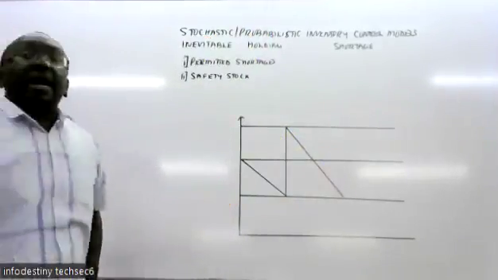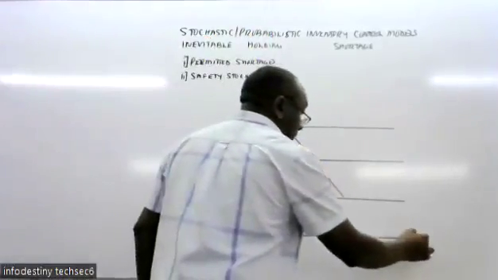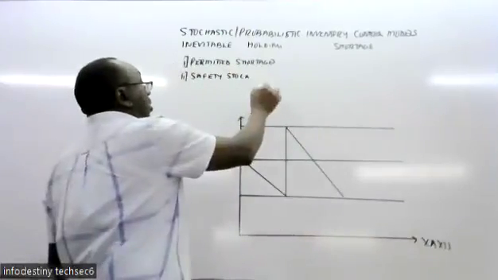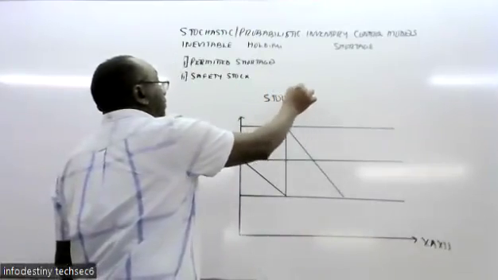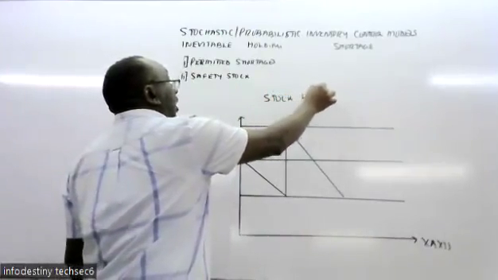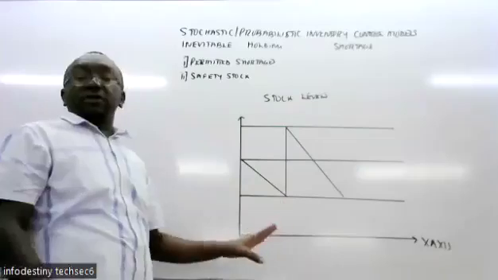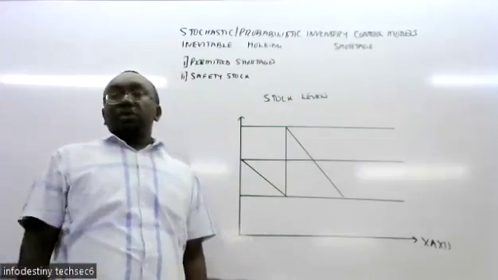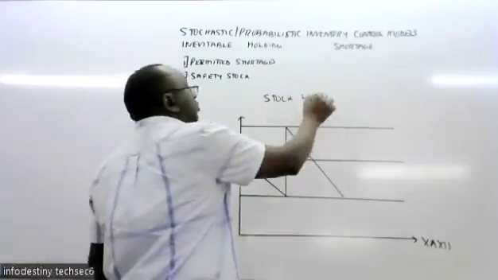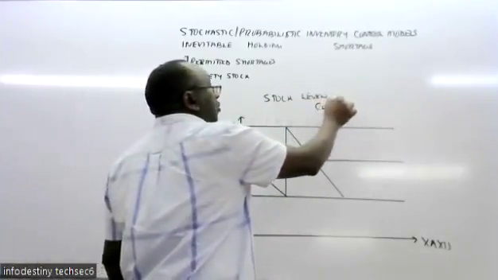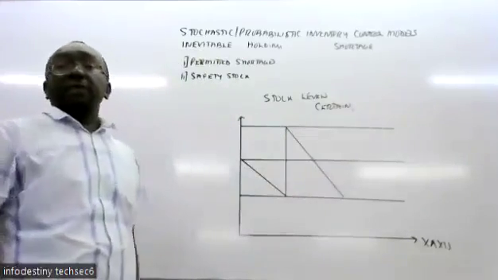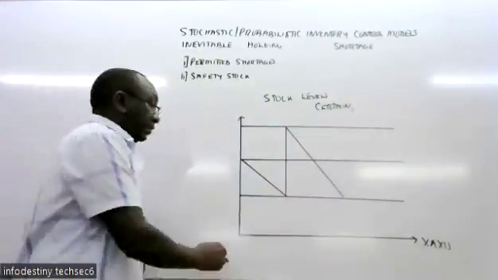Now, if you look at a graph like this, first of all, it is called stock levels. And you can see the lines are very straight. That tells you it is certain, we are very sure.